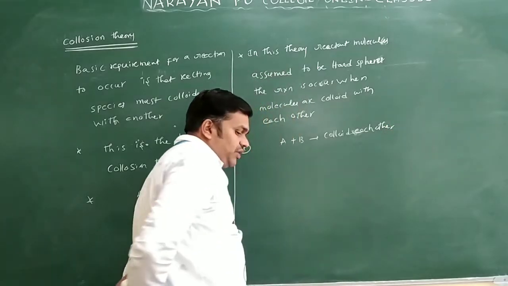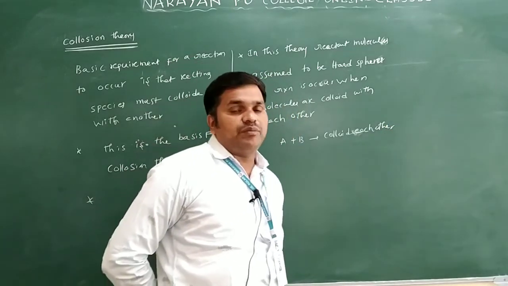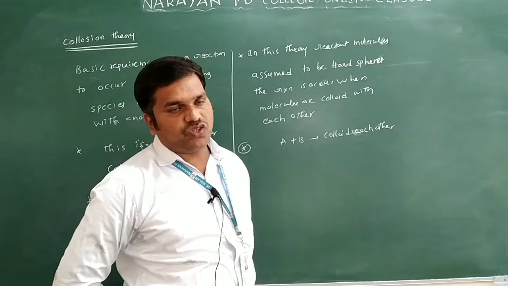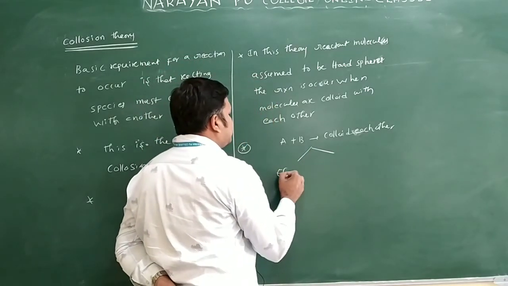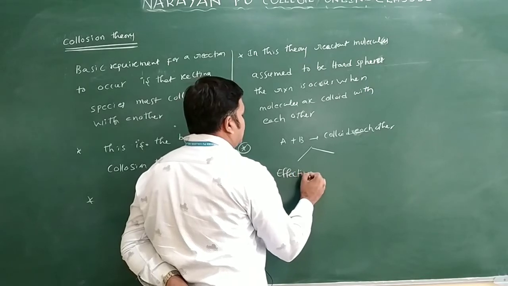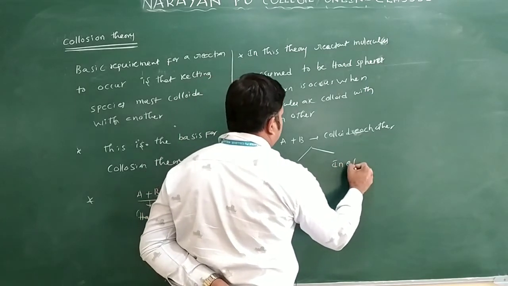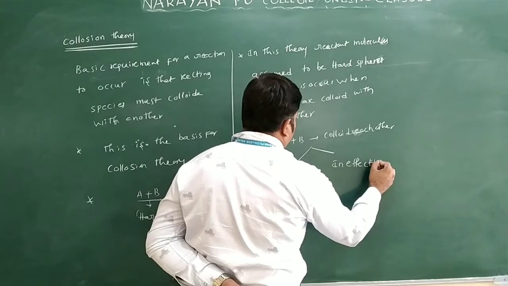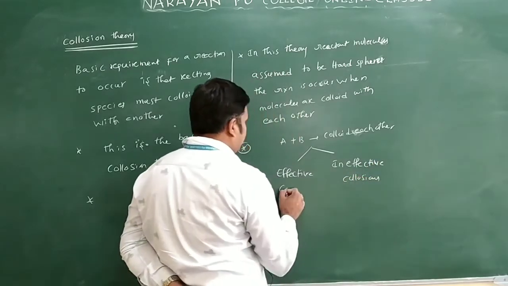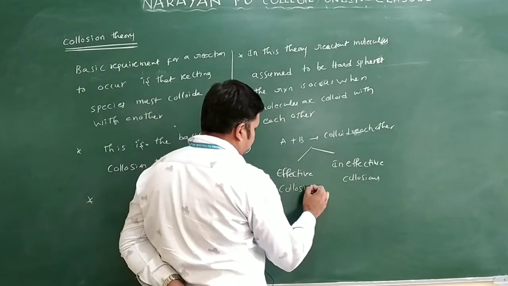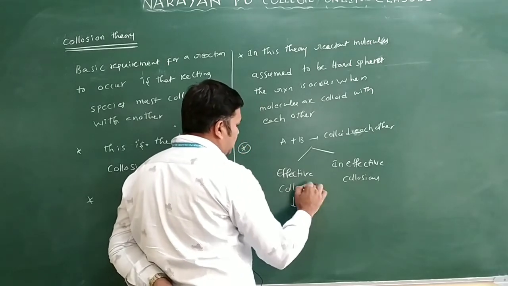Generally we have to observe two types of collisions: effective collisions and ineffective collisions. There are two types of collisions that take place when the reactant molecules collide with each other.